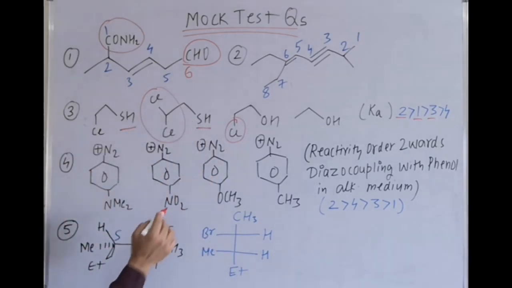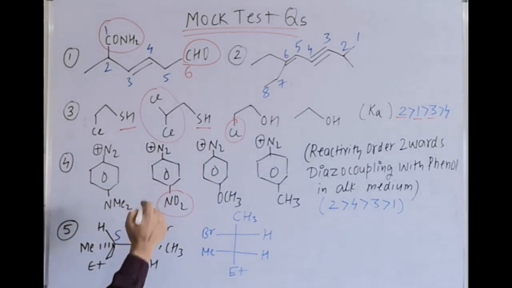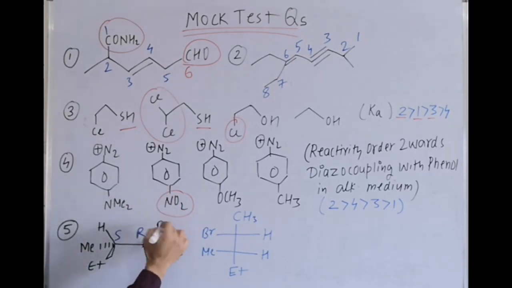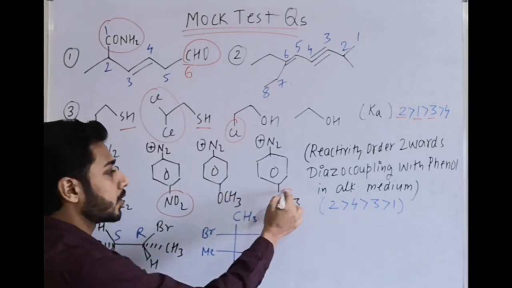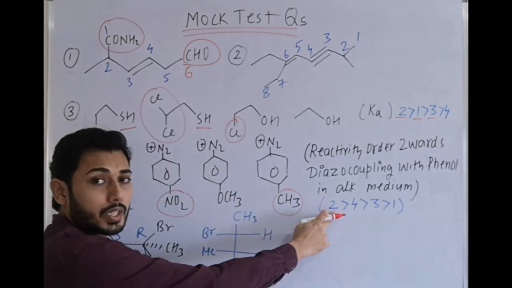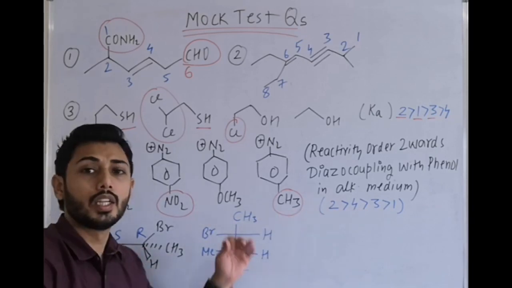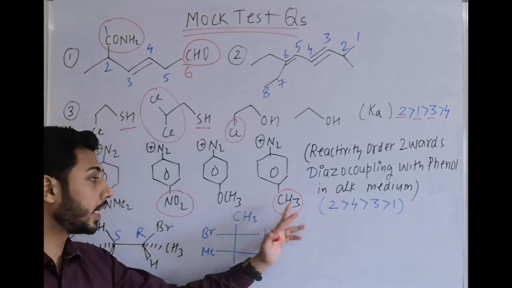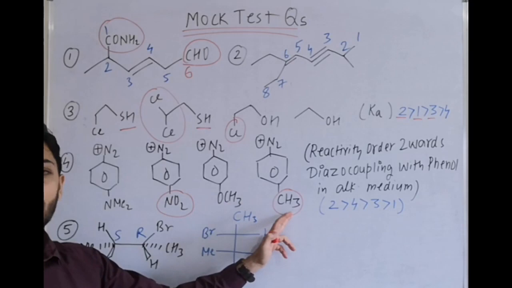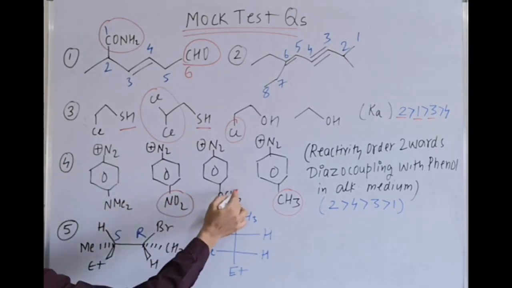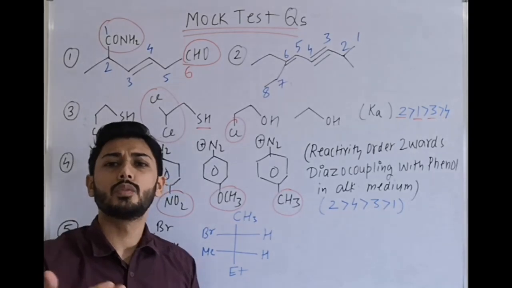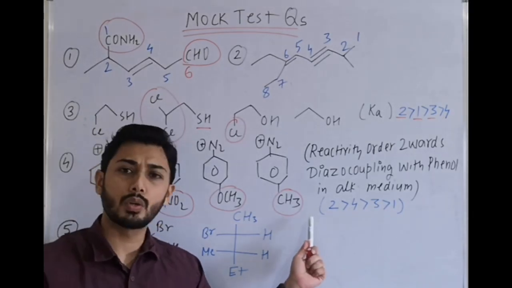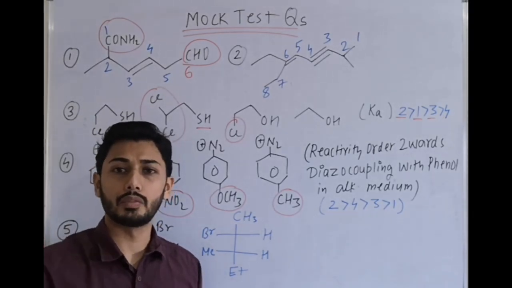So among them the most withdrawing group present is in the second one, which is minus I minus M. Then all are activating. Which is least activating then? CH3, second maximum, fastest among them. Then fourth, because it is least activating among first, third and fourth. Then between first and third, which is less activating? OCH3. It is from which point we are using? We are using plus M effect, we are using hyperconjugation effect, again electronic effects.